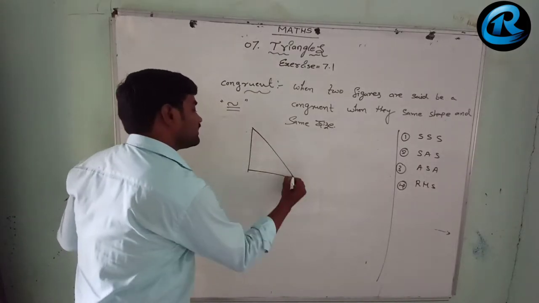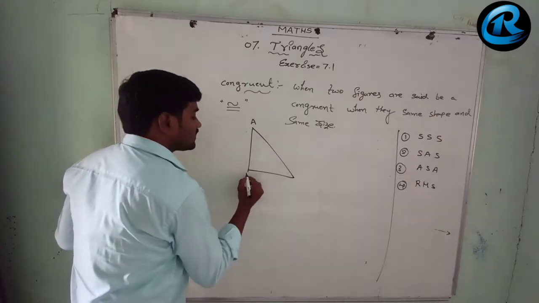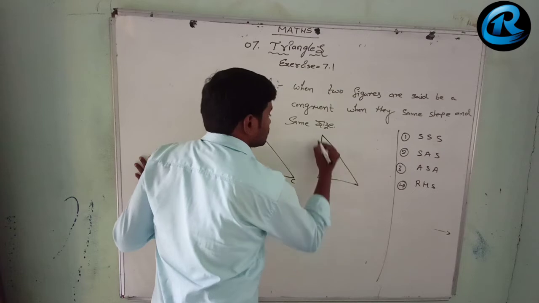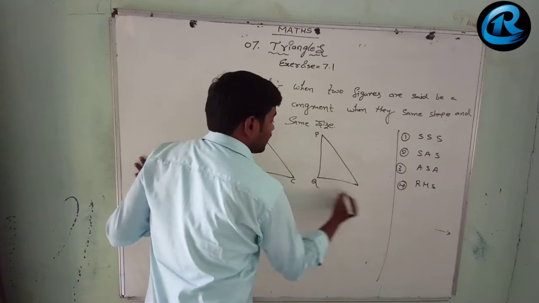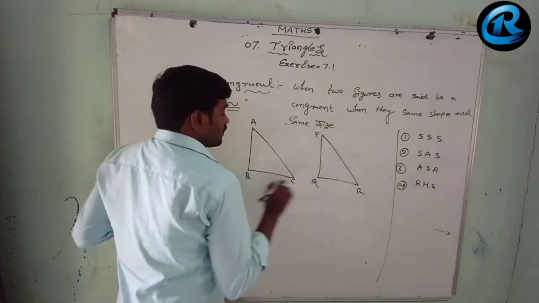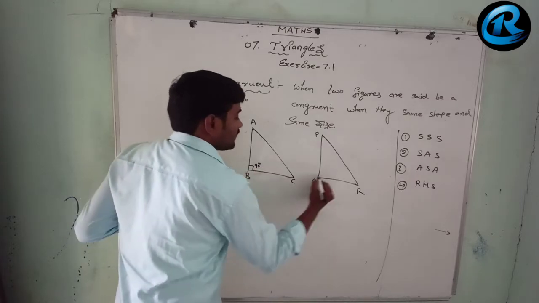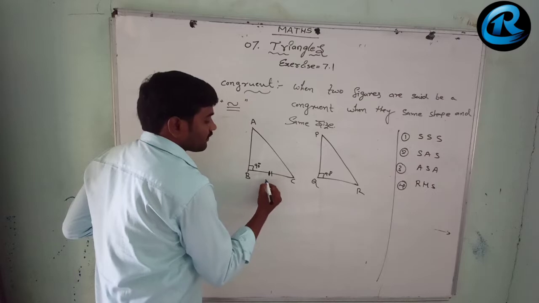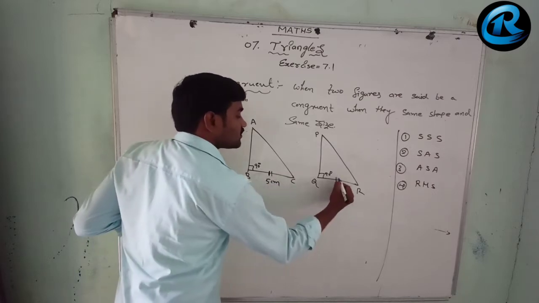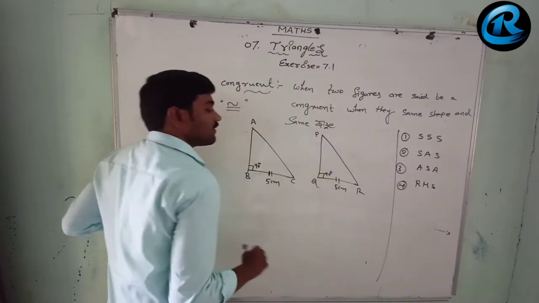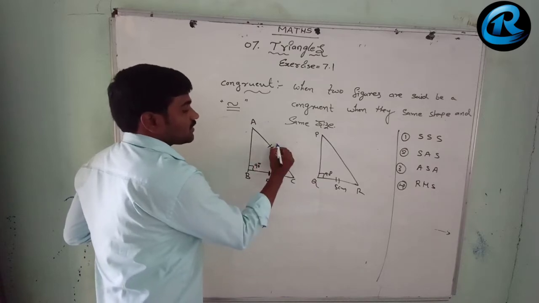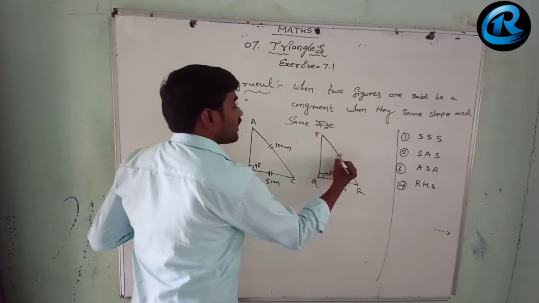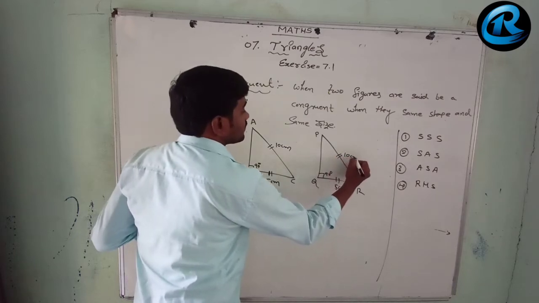In the right angle hypotenuse side rule, we call this RHS. That's why I have taken a right angle triangle here. Here is 90 degrees, here is 90 degrees, and suppose this side is equal, and the hypotenuse is 10 centimeter.